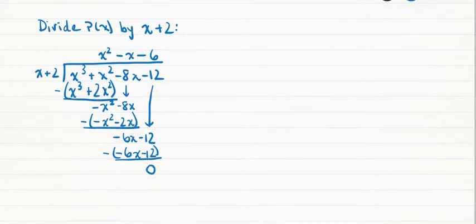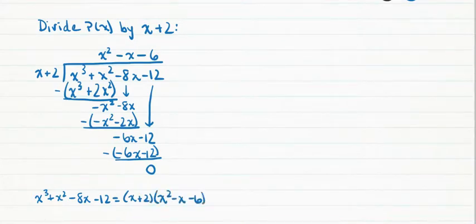So what this tells me is that the cubic polynomial x cubed plus x squared minus 8x minus 12 is equal to the divisor times the quotient, so x plus 2 multiplied by x squared minus x minus 6.